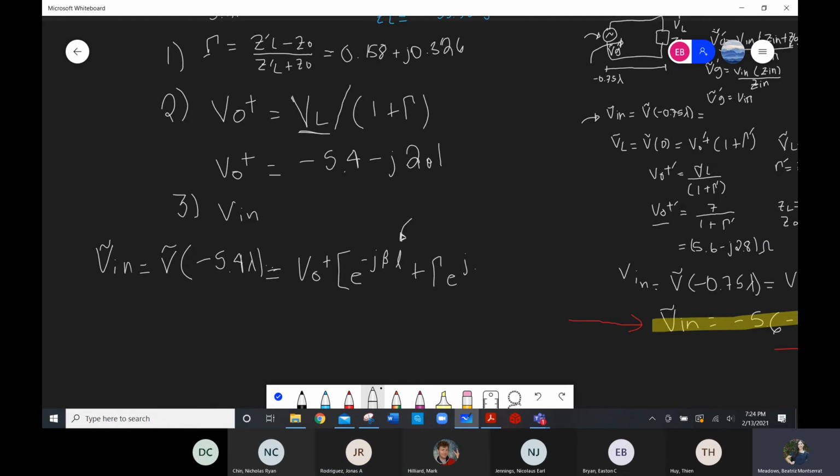And then e to the j theta. So actually, you know what? I'm just going to go ahead and put it for you. I trust you, but. Yeah, because that equation actually has a z, not an L, usually.